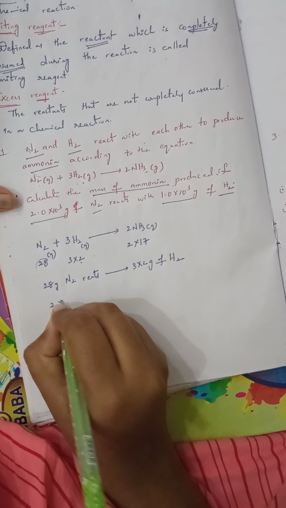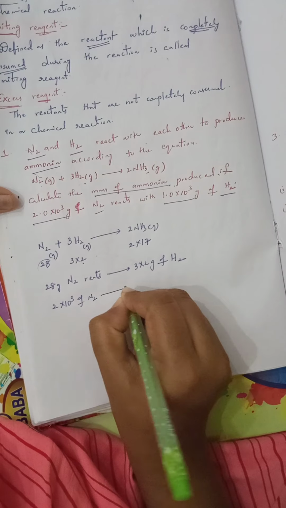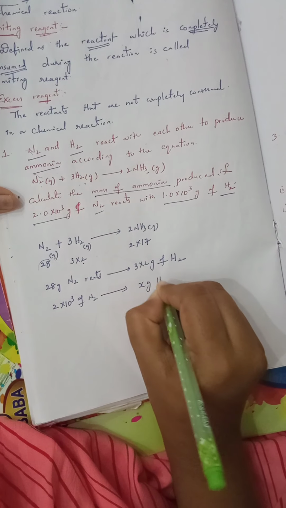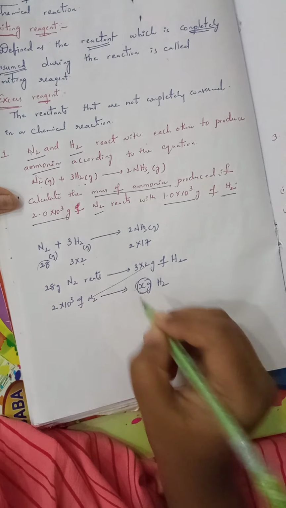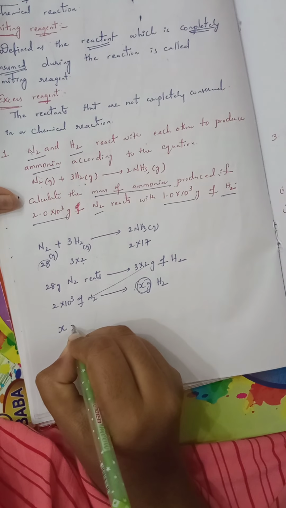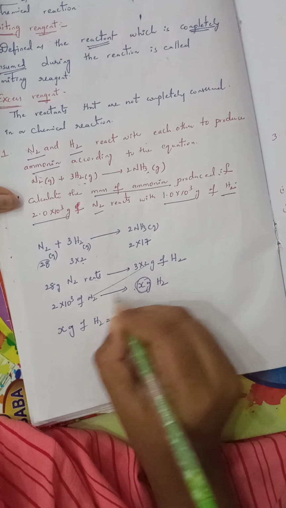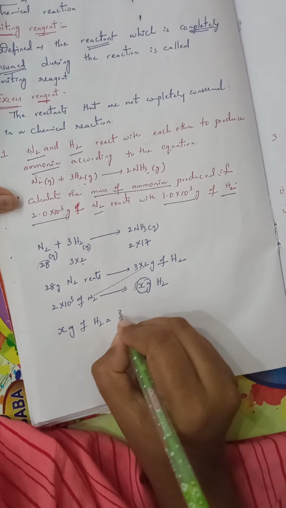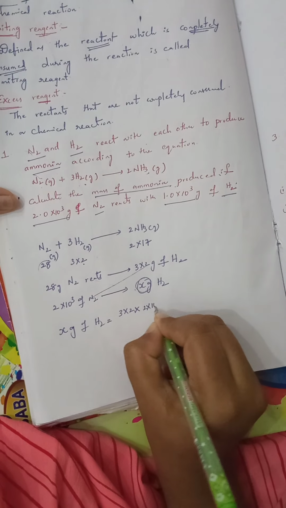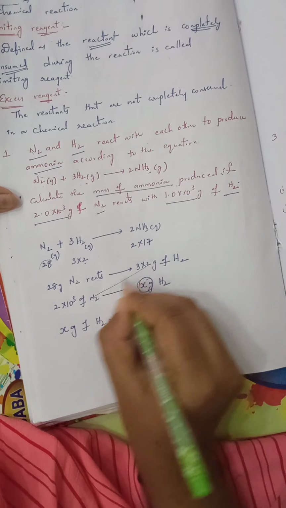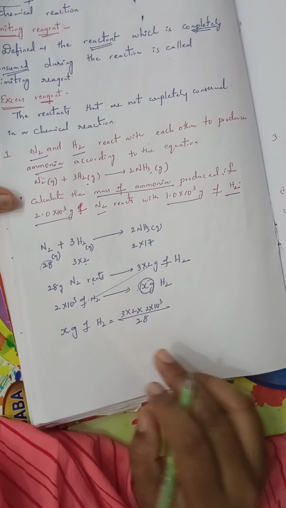So 2 × 10^3 grams of N2 reacts with x grams of H2. We want to find this out. Cross multiply: x grams of H2 equals 3 × 2 × 2 × 10^3 divided by 28.